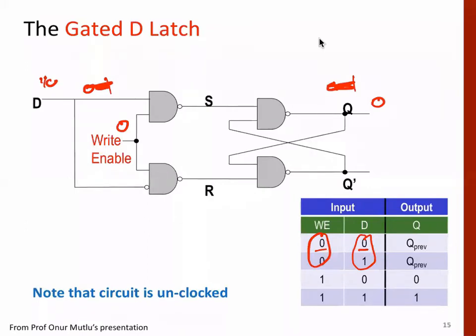Then the output remains what it was earlier, which is 0. It means the state does not change whatever be the value of input if write enable is 0. If write enable is 1, then whatever is at the input goes to the output, whether 0 or 1. So this is simple, right?